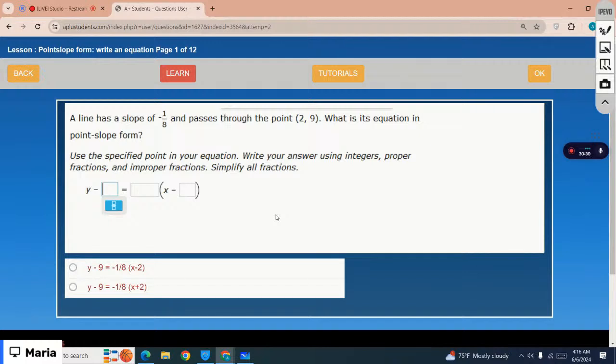The y1 is 9. The equation is y minus 9 equals negative 1 over 8 times x minus 2. Option number 1 is the correct option.